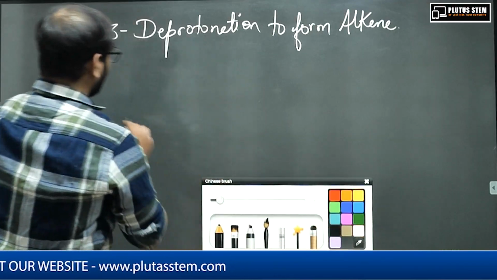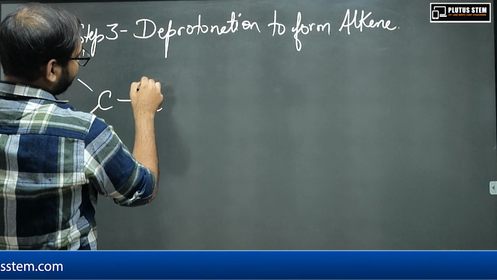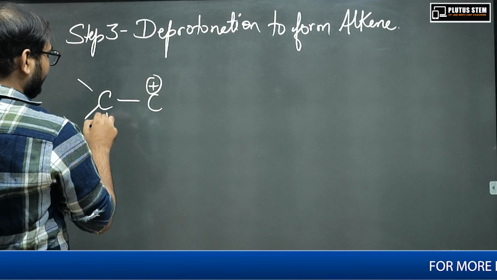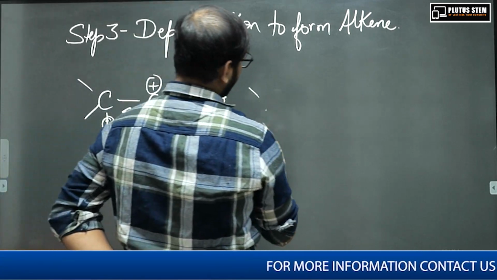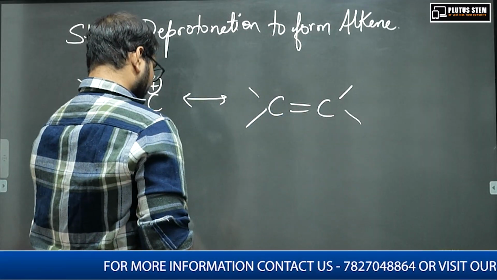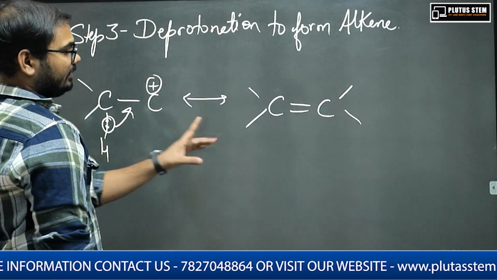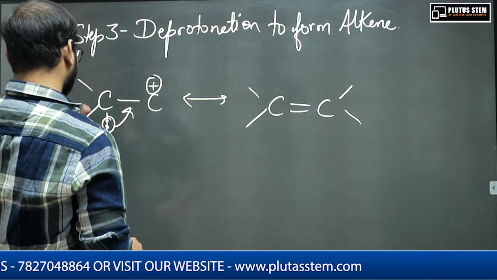Now we have formed a carbocation and there's one hydrogen. So we can transfer the electron from this hydrogen to this side to form an alkene right here. So after the transfer of hydrogen we are getting an alkene.